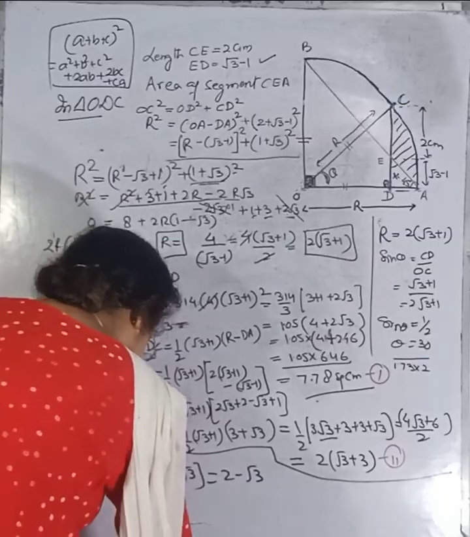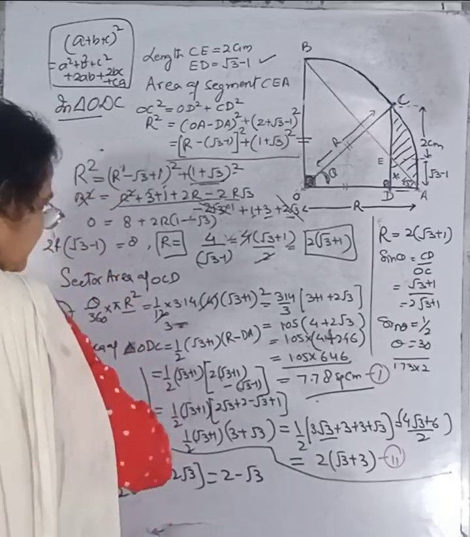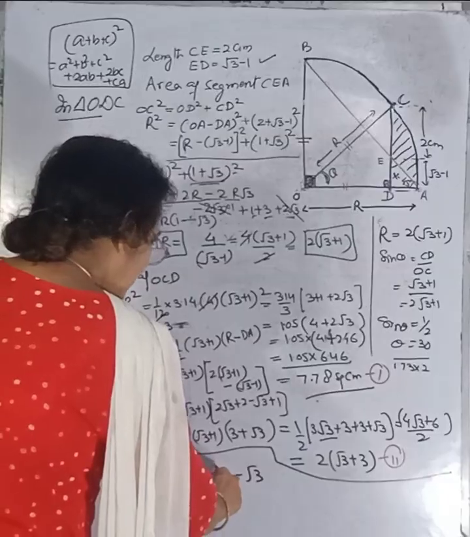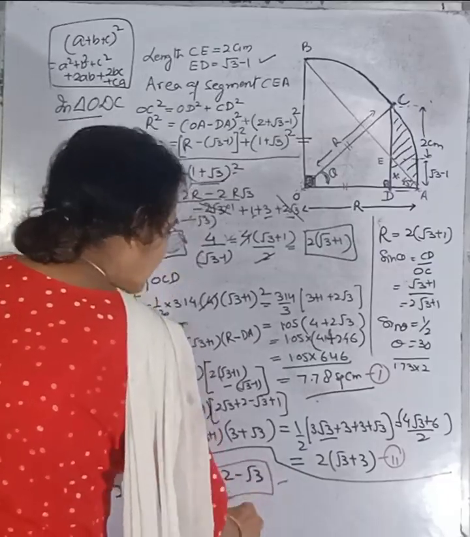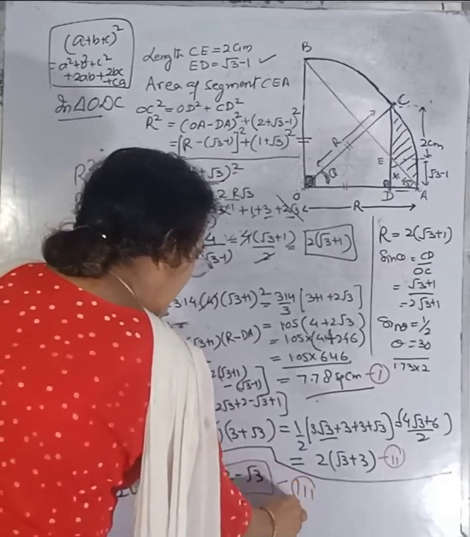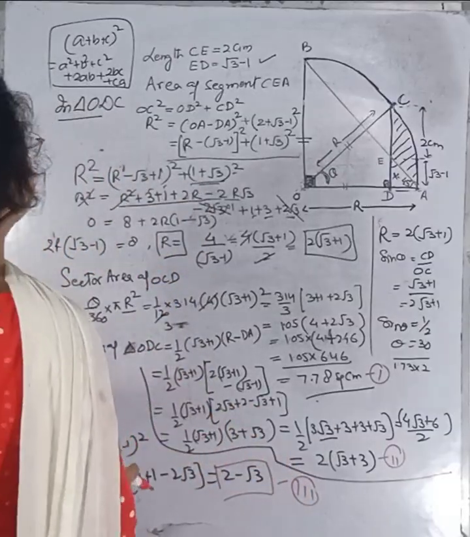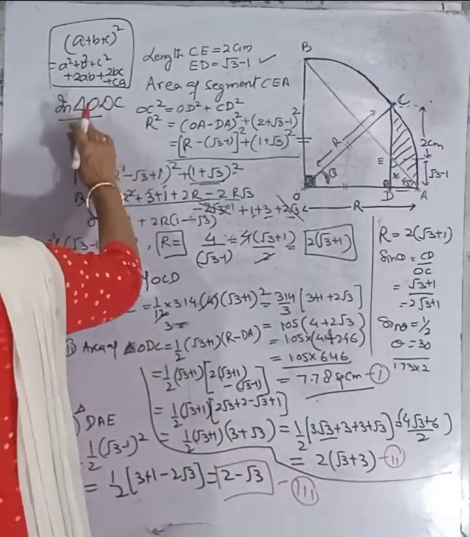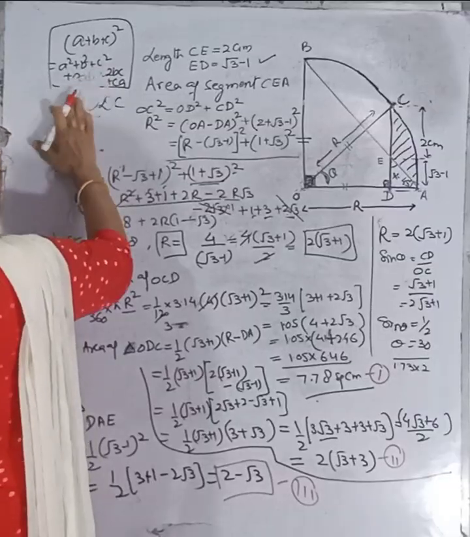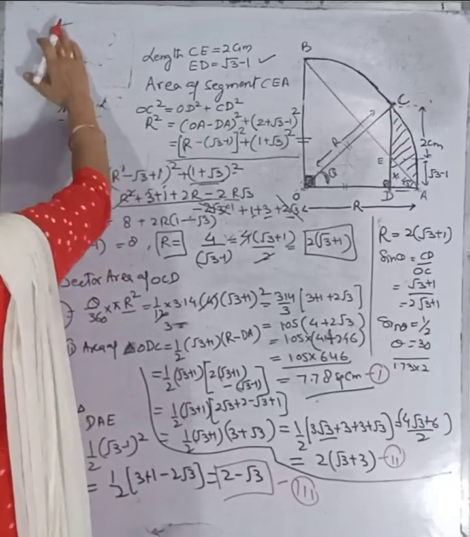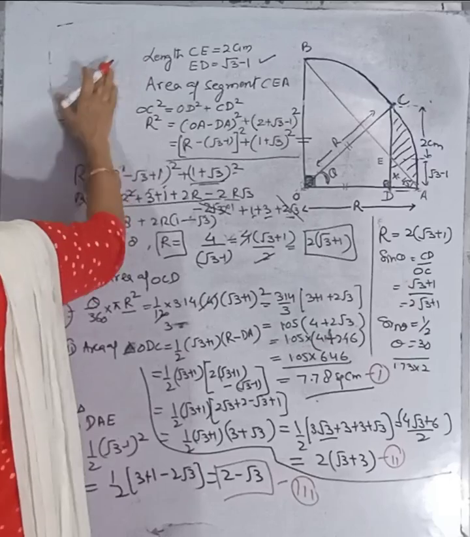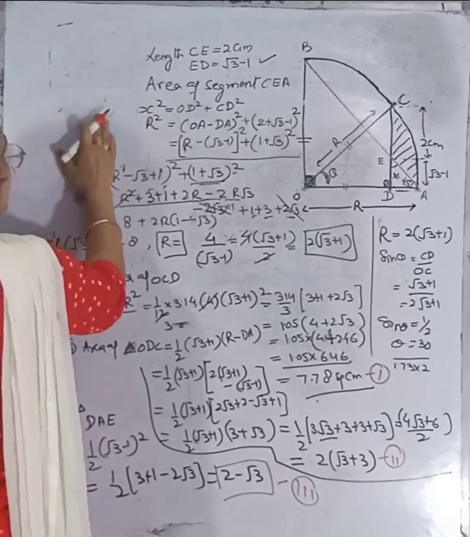Now, adding this is the third one. This is the third area. Third area. Adding second and first. I am going to rub it. Okay. Because this is of no use. This was a simple formula of a plus b plus c square. Okay.